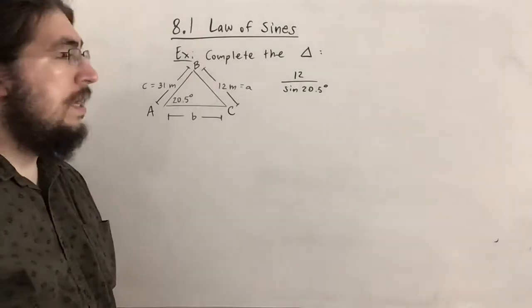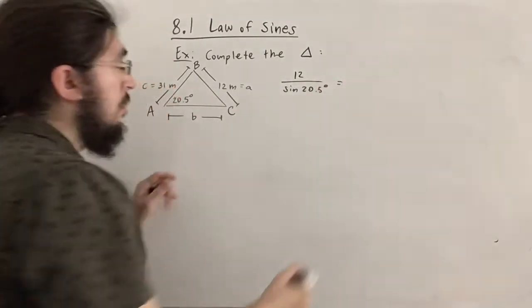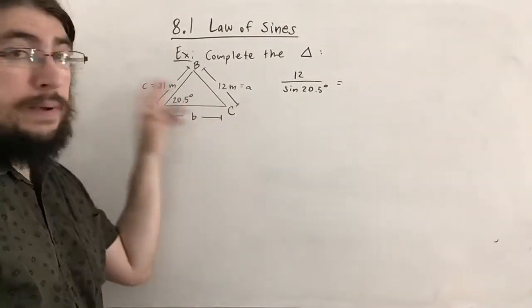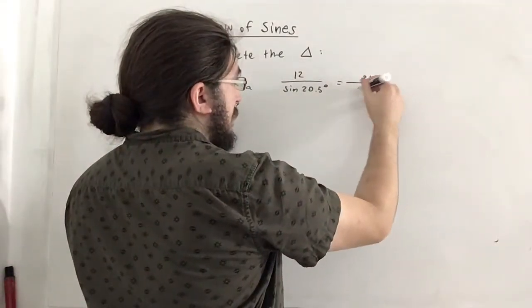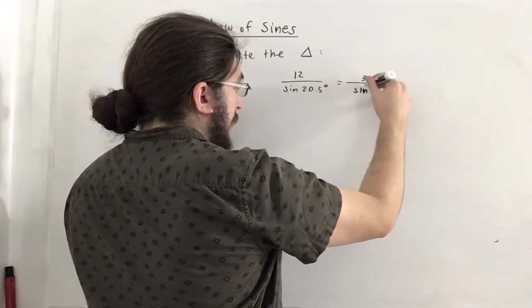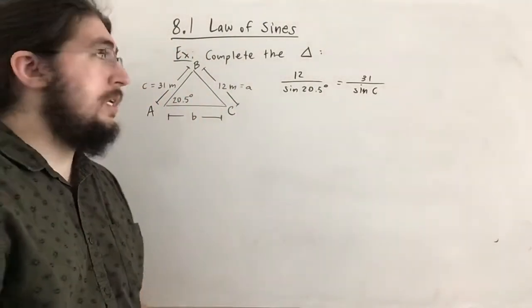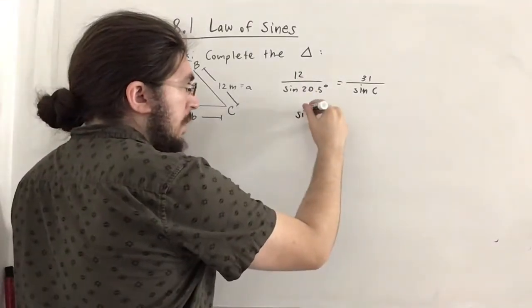Perfect. Awesome. So now that we have the labeling down, we can write some things out. Also notice that since we're given 31 for c, that actually pairs with the sine of capital C. So this has to be written like this. And we solved for sine of B last time when we got no solution. Here, let's see what happens. So we'll cross multiply and then divide by 12 simultaneously.